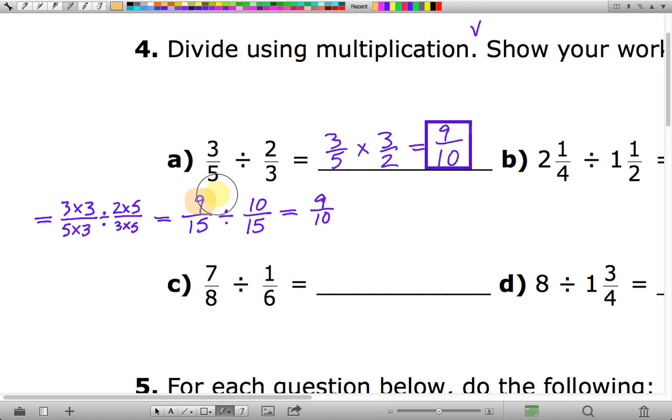So we're doing the numerator of this one divided by the numerator of that one. And that's how we're getting our answer. Numerator of the dividend divided by numerator of the divisor, and that is the answer to our division question. That's the quotient.